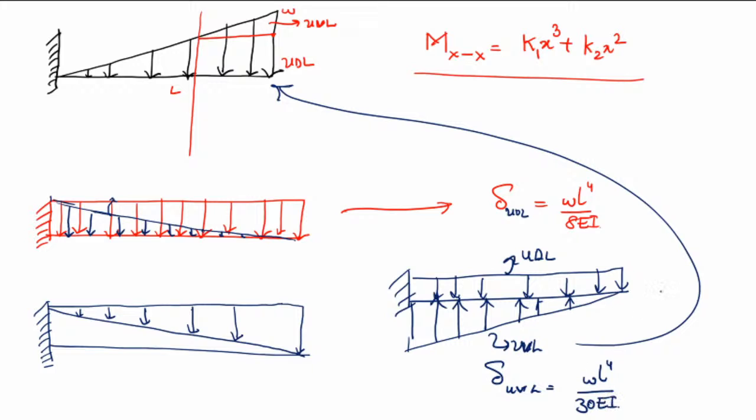So delta net will be equal to delta UDL minus delta UVL.